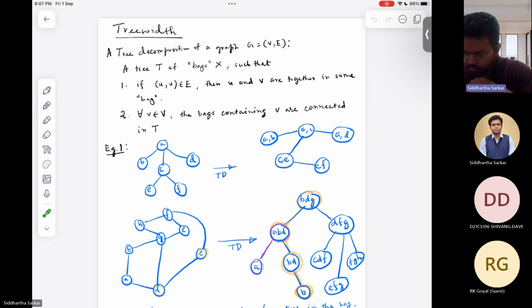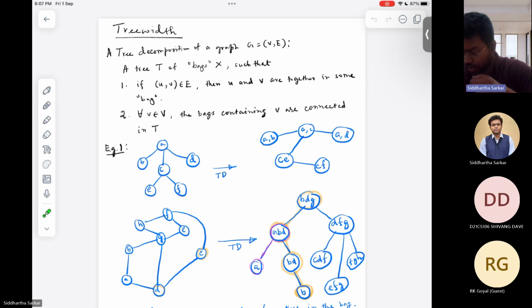For every vertex in the original graph, for example let's say we look at the vertex B, all the bags that contain B, we wanted that these bags form a connected component. Those were the two properties that we desired in a tree decomposition of a graph.